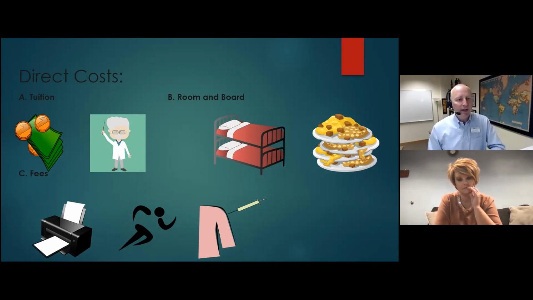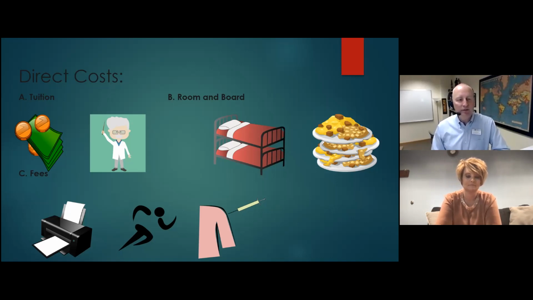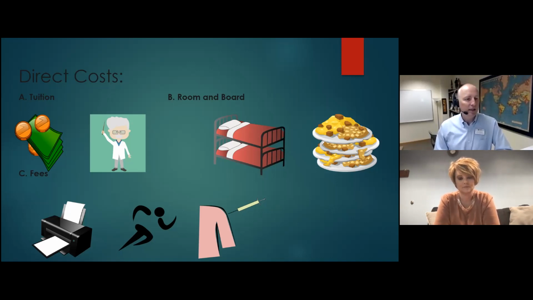And then finally, in this last picture you see a printer, someone that's exercising, and healthcare, which now is really appropriate with the shot. These are fees, just general living expenses. So maybe your school is going to allow you to print 1,000 pieces of paper per semester. Well, they're going to just go ahead and charge you for that up front, and then you can use any printer on campus to print your papers, to print study notes, whatever it may be.